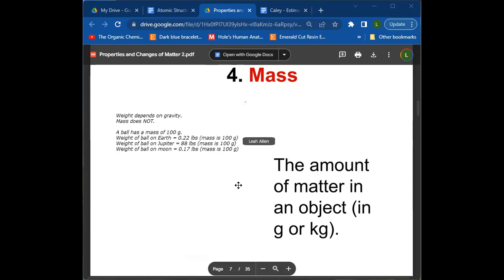Okay, and that's because the only difference is the gravitational pull.